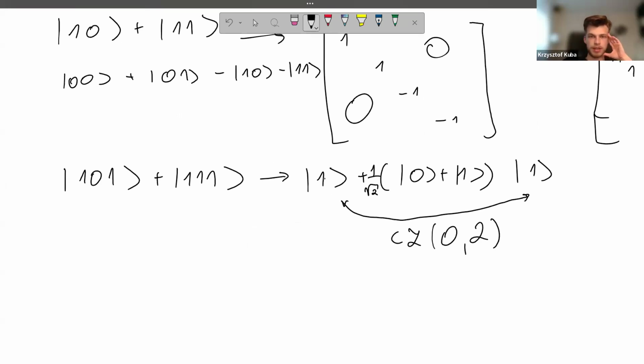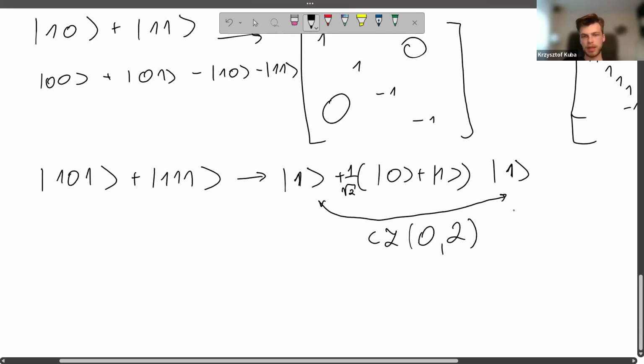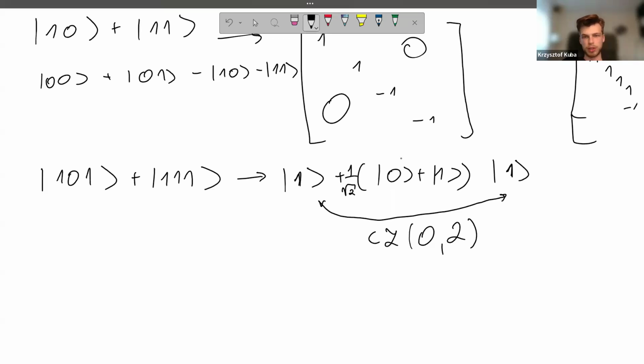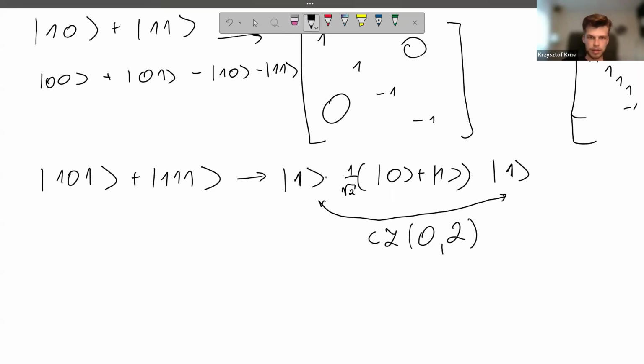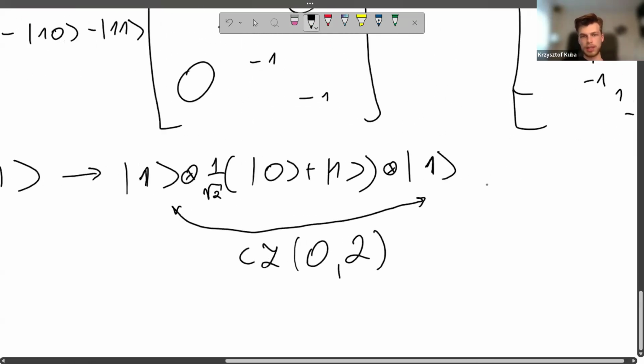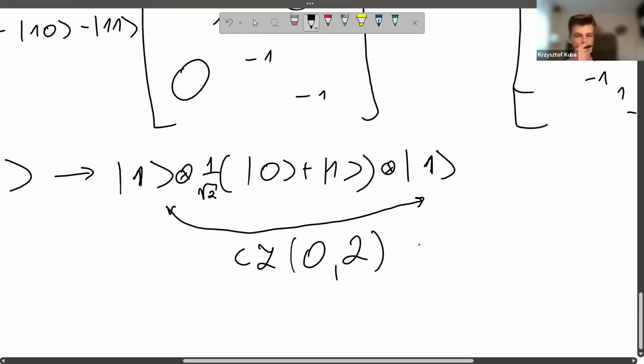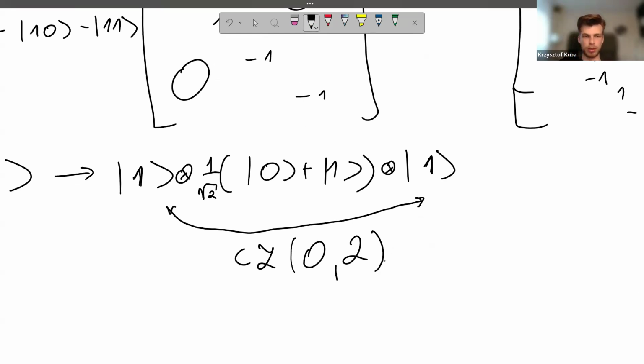Because if this one is 1, then we should also change the phase of the last qubit, and basically this should be untouched because they're in a superposition, so it doesn't matter. Maybe it's not plus here, but it's actually a tensorized multiplication. So to construct the state, you should only use one gate with 0 and 1 as controlled qubit.